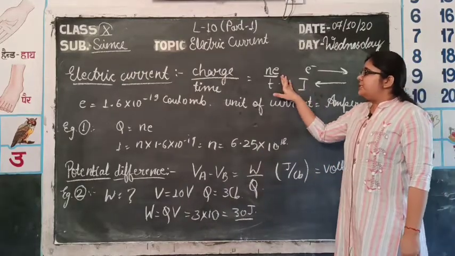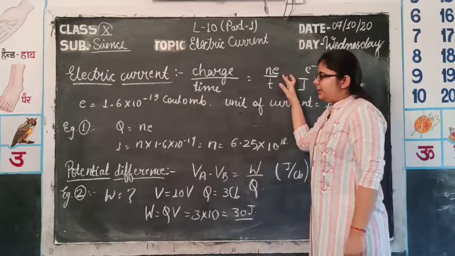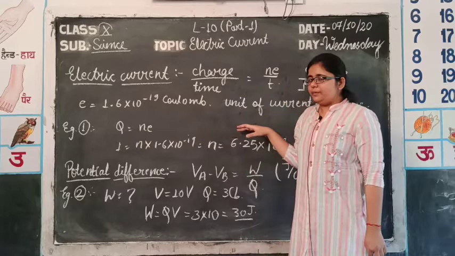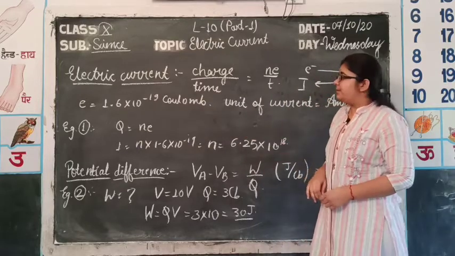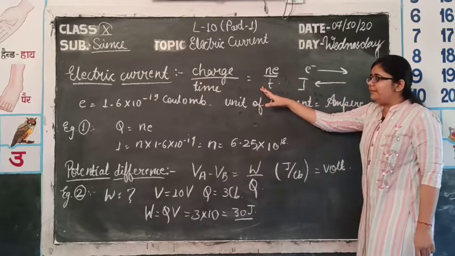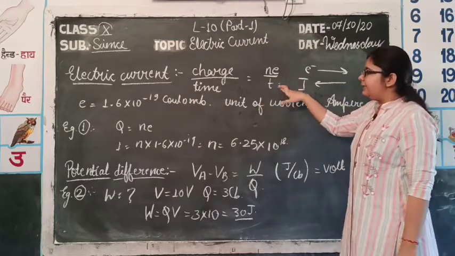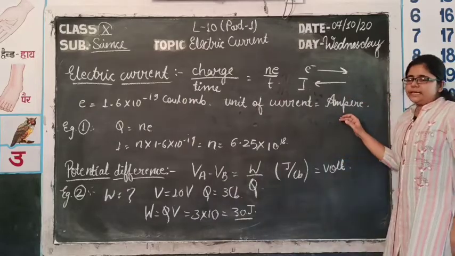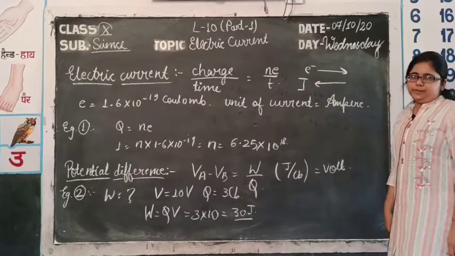The charge of one electron is 1.6 into 10 to the power minus 19 coulomb. Coulomb is the unit of charge, and if there are n number of electrons flowing at a particular time, then this will be Ne divided by t. The unit of current, that is coulomb per second, is also known as ampere.